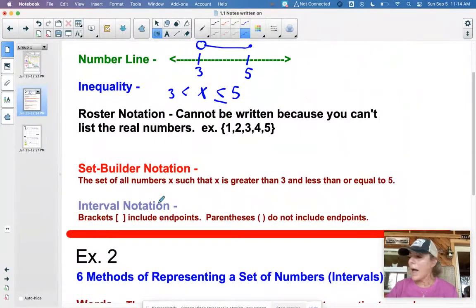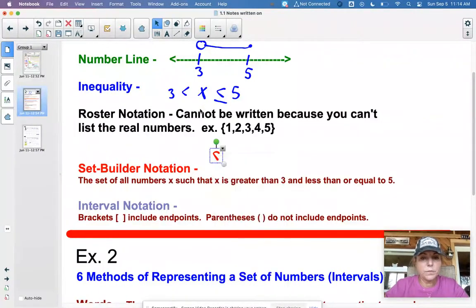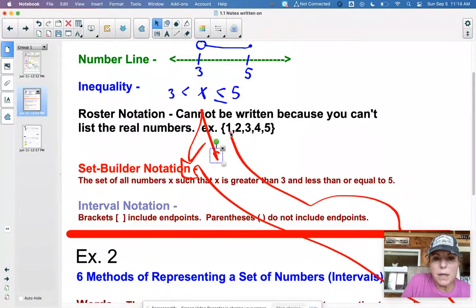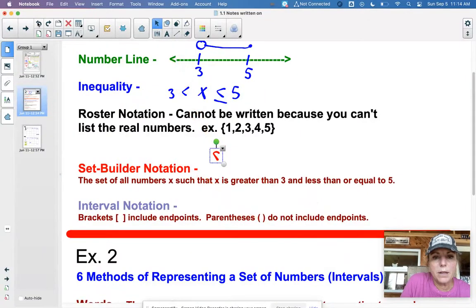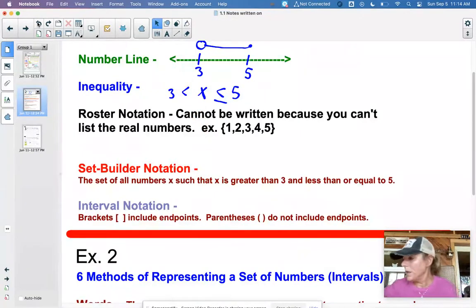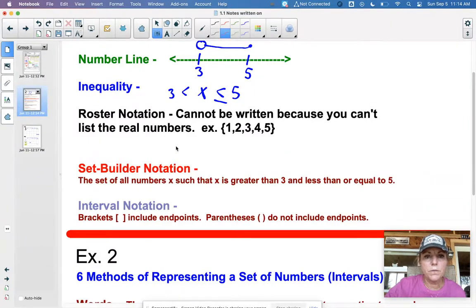Set builder, I've already told you in the last page that it is actually inequality with an extra, bear with me a minute. My pen is, okay, let's just go back. There we go. Sometimes my pen does these crazy things, and there we go.